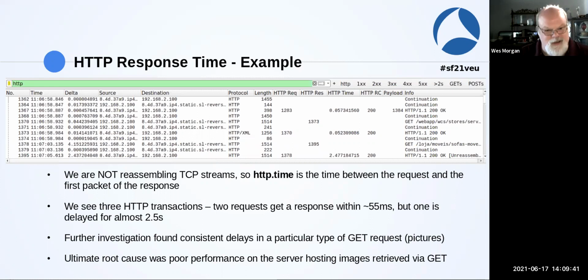And that was where the delay was being introduced. So once again, there are no TCP/IP error conditions here, but we found major clues that led to huge performance improvements at the application layer. And that's the kind of thing we want to do.